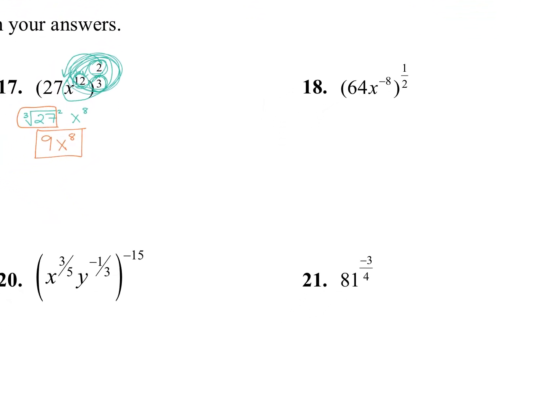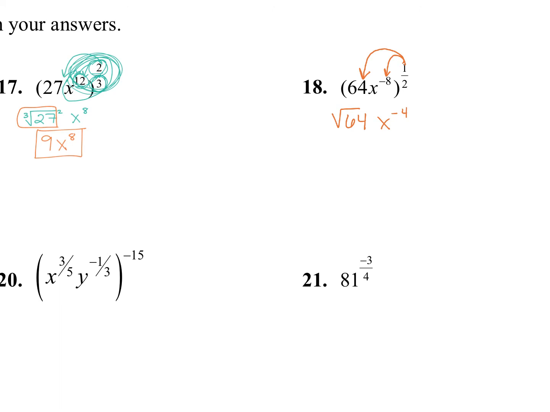What do you do with that? Yep, a 1/2 power is a square root, right? So it's the square root of 64. And then distribute that 1/2 to your x to the -8th as well. So that's going to be x to the -4th. Okay. And now simplify from there.